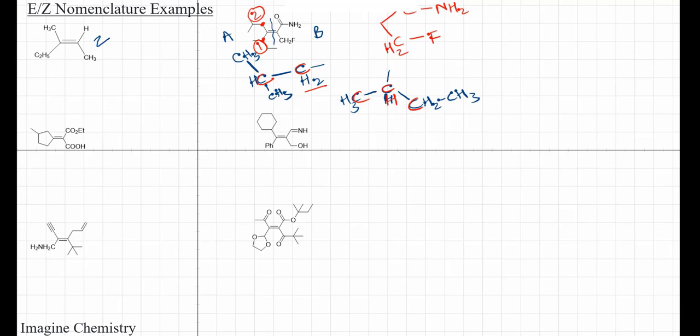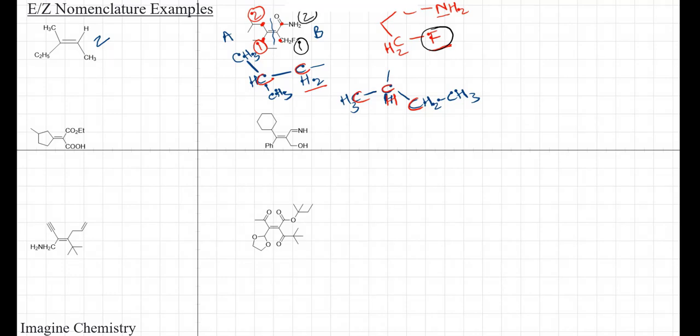So the first point of attachment is the same. Here it is carbon, here it is carbon. So the next point is that for the lower group, the carbon is directly attached to fluorine, whereas in the upper group, the carbon is directly attached to oxygen on one side and nitrogen on the other side. So now you know which has the higher atomic number. Fluorine has higher atomic number, so this will be priority 1 and this will be priority 2.